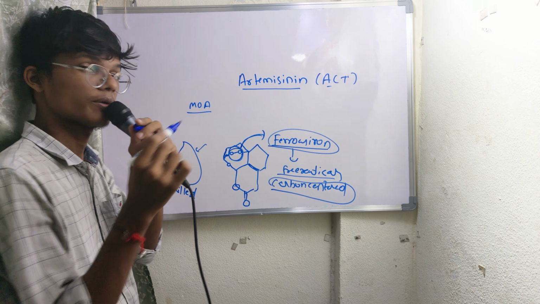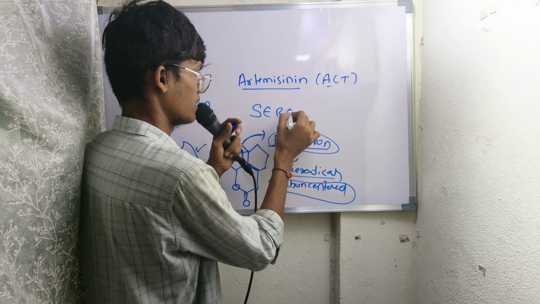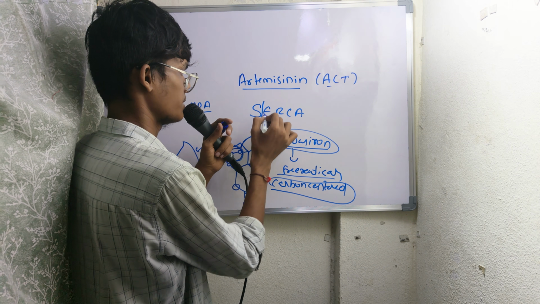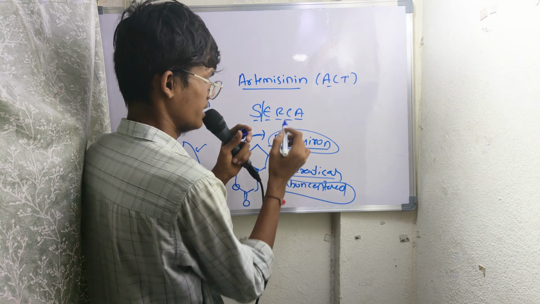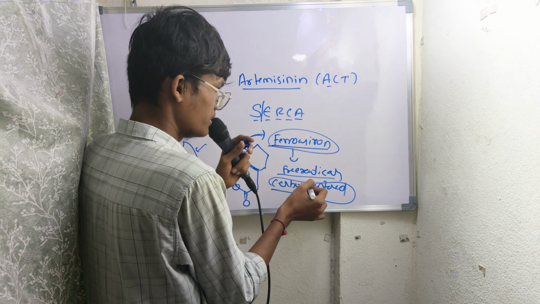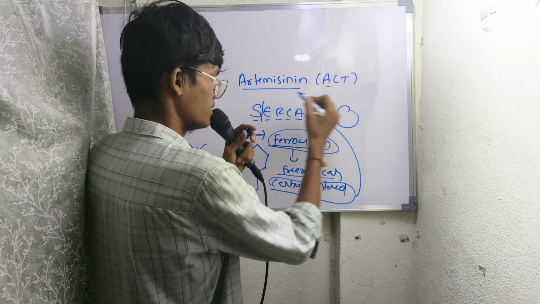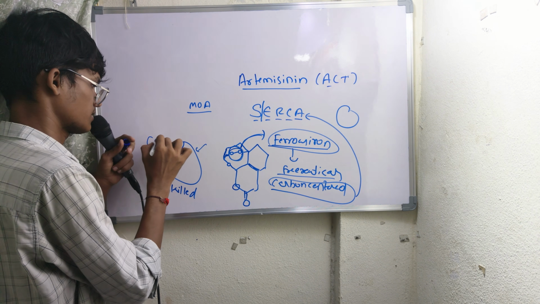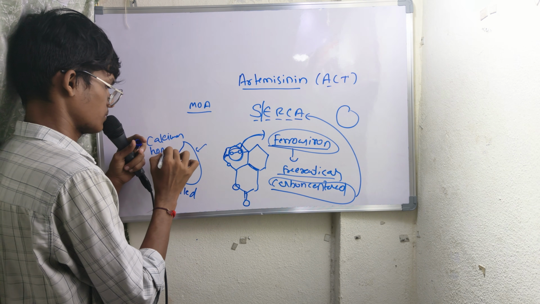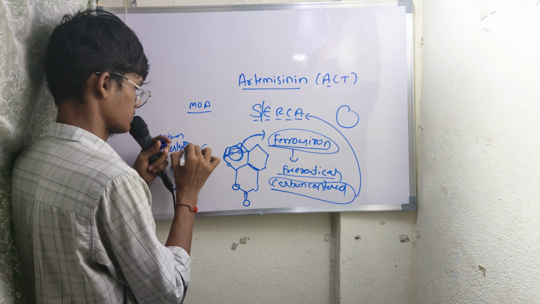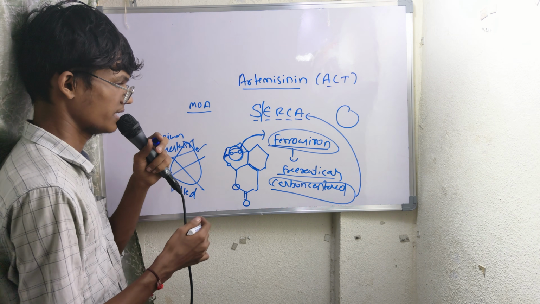Or else, if you want to write more keenly, you can write SERCA, that is sarcoplasmic or endoplasmic reticulum calcium ATPase. These free radicals go and disturb this. Due to this, the calcium homeostasis is disturbed and the cell will eventually die.